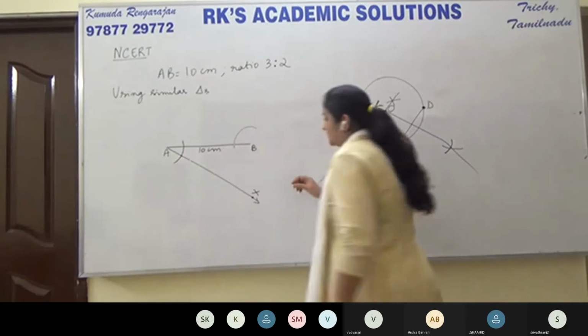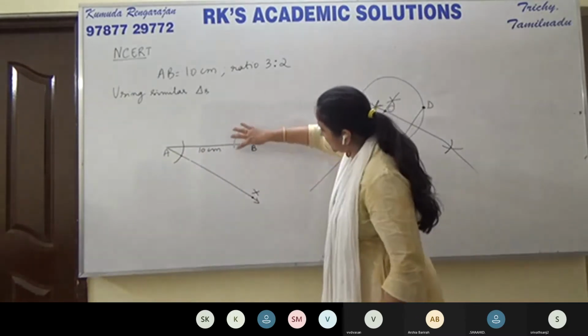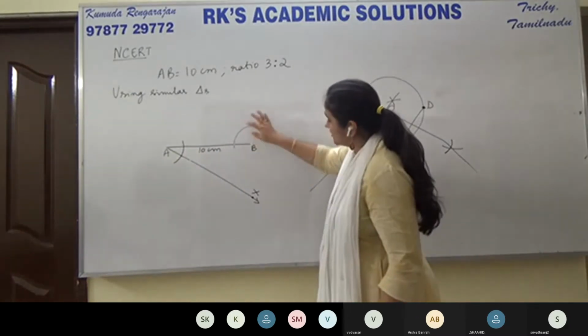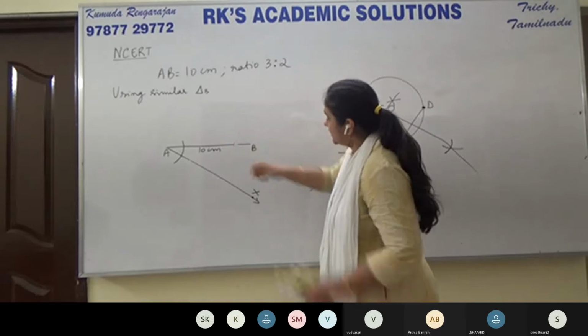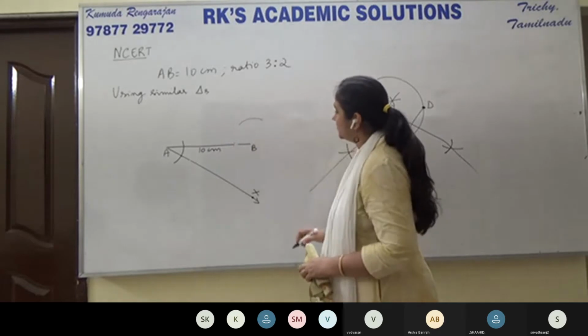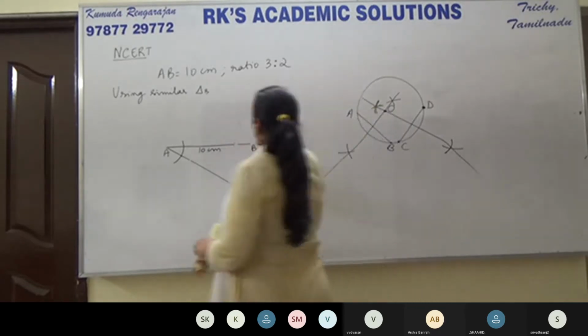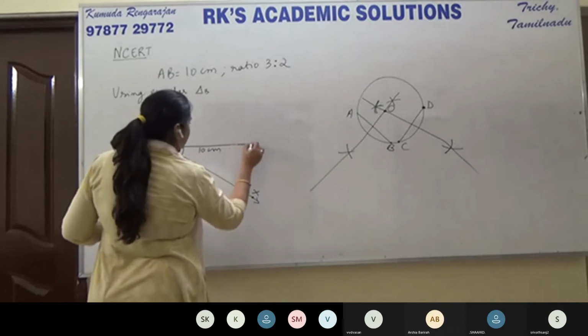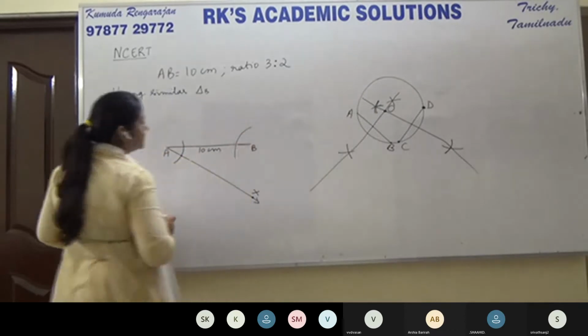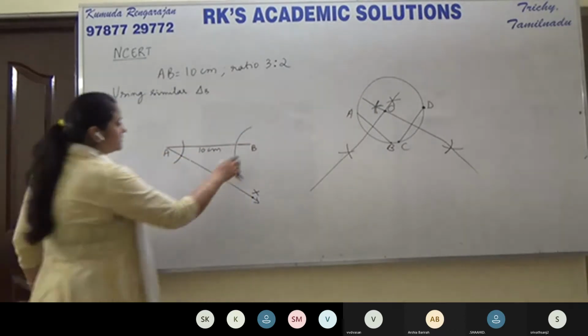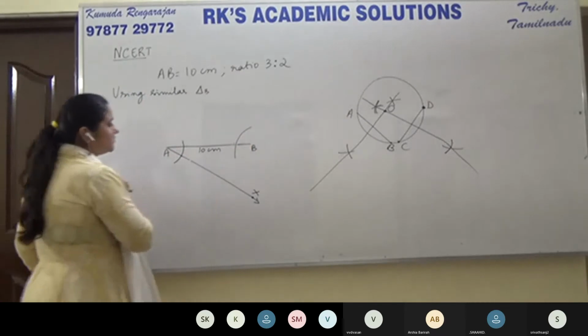With B as center and the same radius, draw an arc. You should not draw an arc like this and leave it. The arc should intersect the line segment AB.